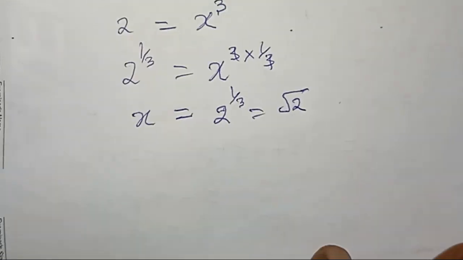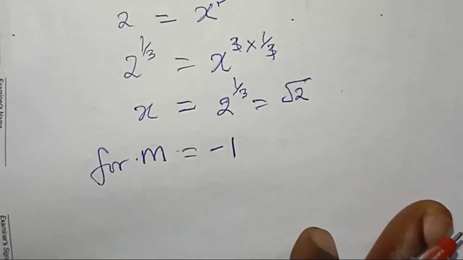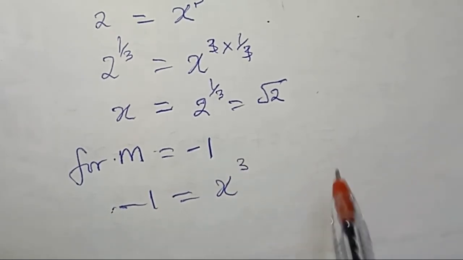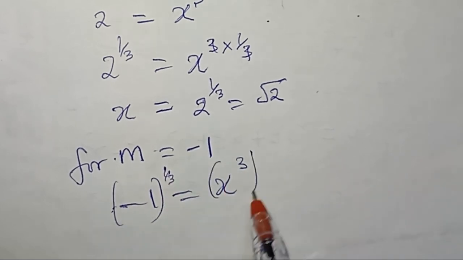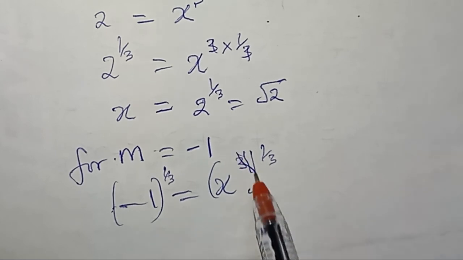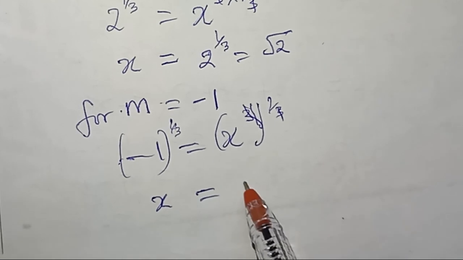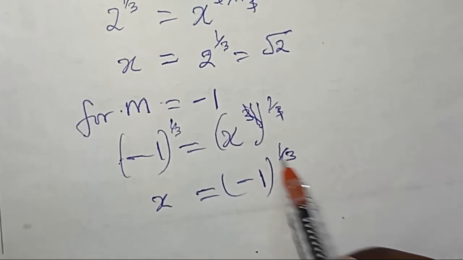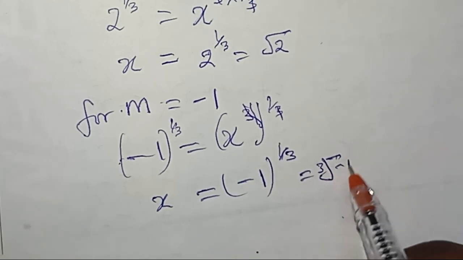And then the second one, for m equal to minus 1. So minus 1 is equal to x power 3, and then like we also did, we are just going to raise both sides to power 1 over 3, or taking the cube root of both sides. If we do that, this cancels this, and then x now becomes minus 1 power 1 over 3, or you can just write this as cube root of minus 1.